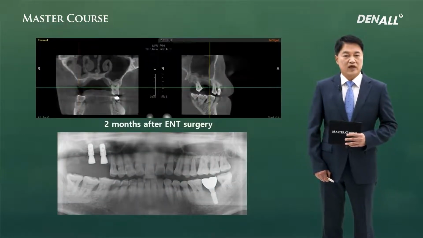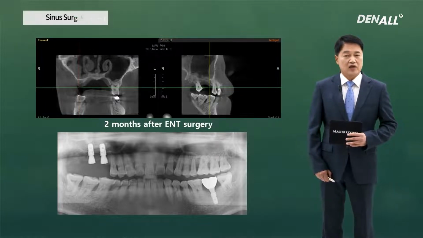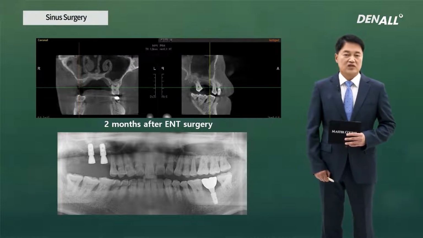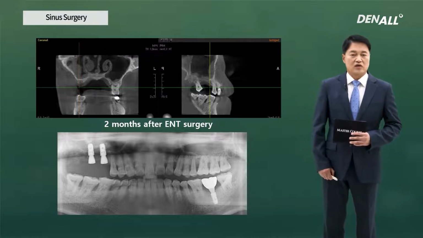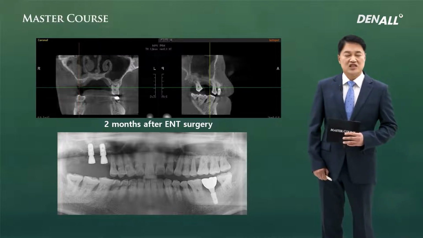After ENT treatment was complete, 2 months later, the radio-opaque area had disappeared a lot. And after it was confirmed to be normal, I used lateral approach and did immediate implant placement.